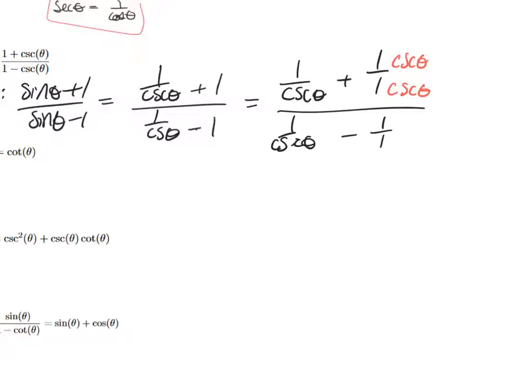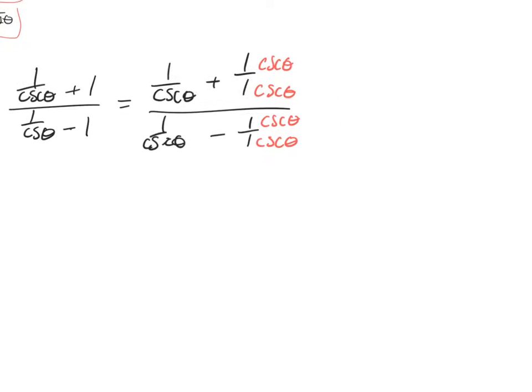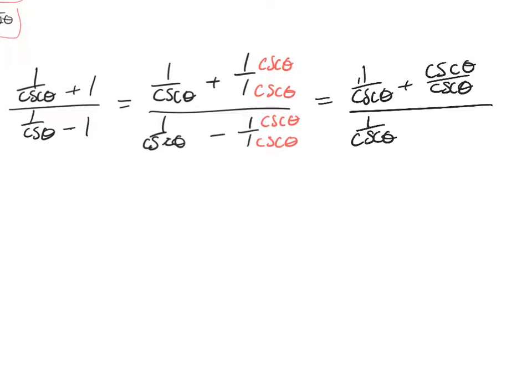That'll take care of your numerator fraction all having the same common denominator. The cosecant theta, the cosecant theta. So what you end up with is 1 over the cosecant theta plus cosecant theta over cosecant theta, over 1 over the cosecant theta minus the cosecant theta over the cosecant theta.